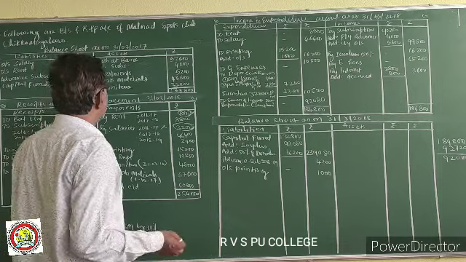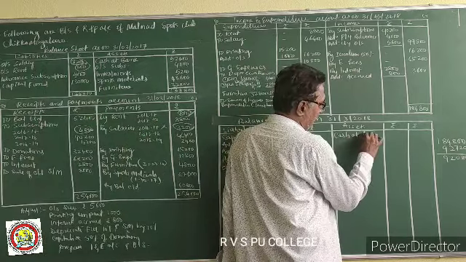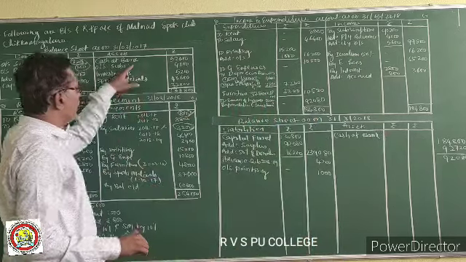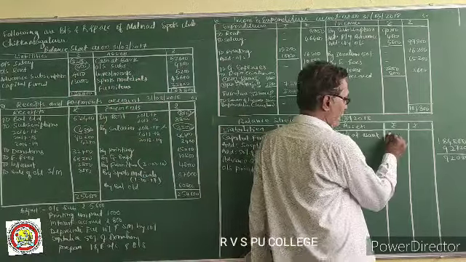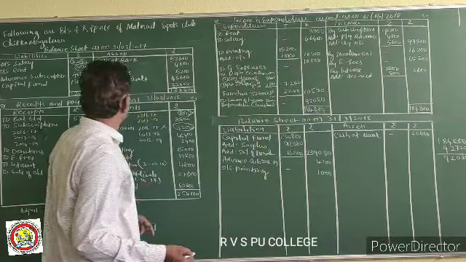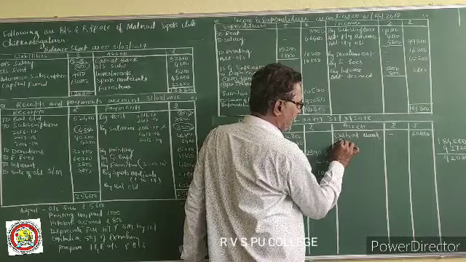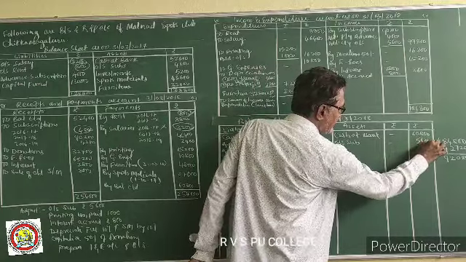And coming to the asset side, important. Cash at bank. So cash at bank is not the opening balance. We have to consider 60,800. Next is the outstanding subscription. Current year you have to write, not the previous year. Outstanding subscription, that is 5,600.